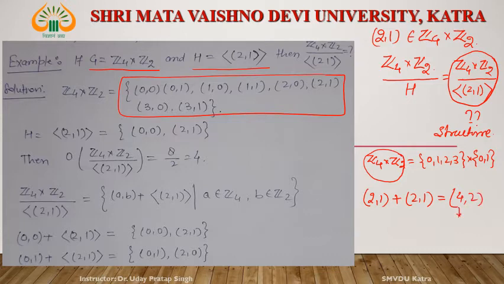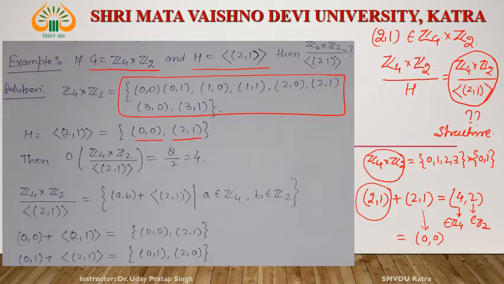This 4 is equivalent to 0 in Z4 and 2 is equivalent to 0 in Z2. Then (2, 1) plus (2, 1) is equal to (0, 0). It means the order of this element is 2. That is, H is {(0, 0), (2, 1)}.